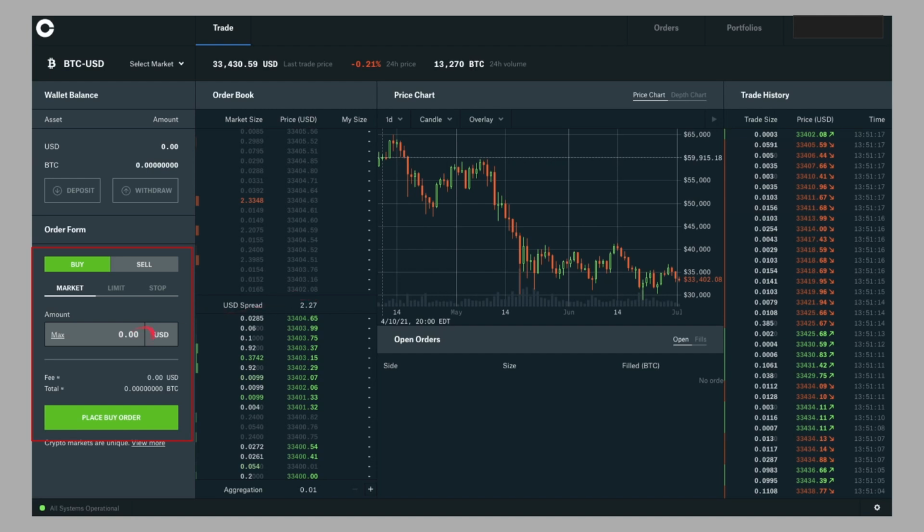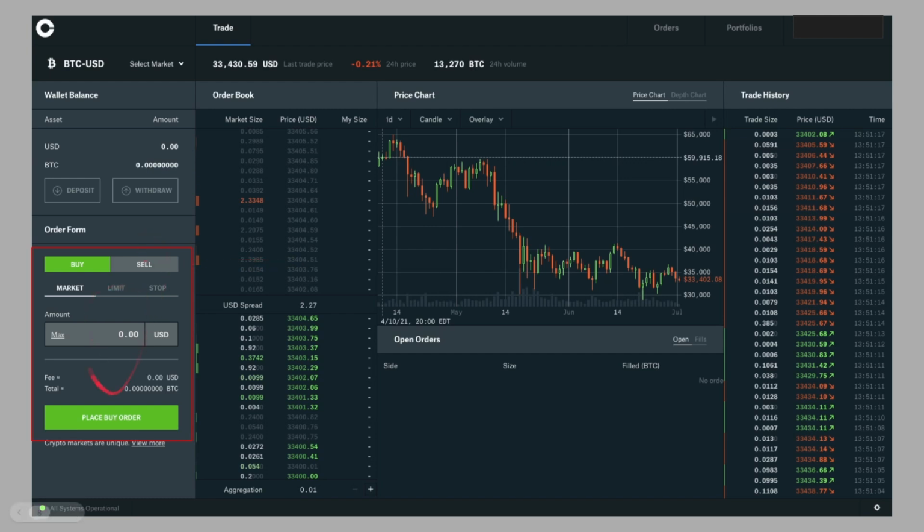Maybe they might not be able to buy it all at $33,402. They might fill some here, maybe some more here, and then finally a portion of this sell at $33,404. Here we see 2.39 Bitcoin being sold at this price.